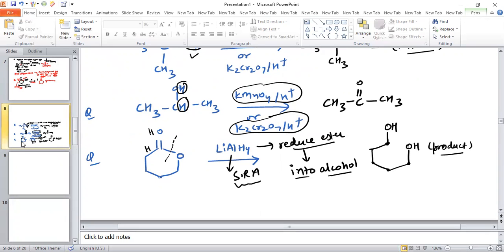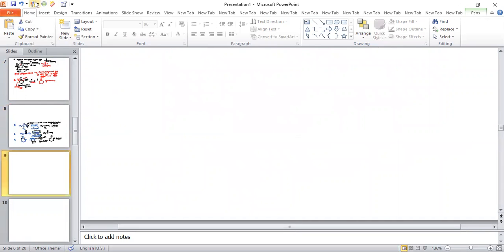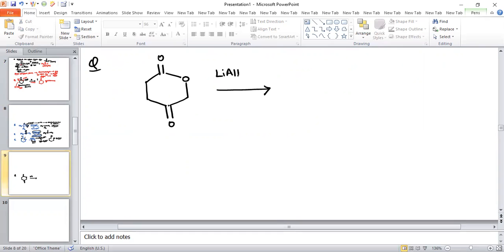Now see the next question based on this. The compound given is like this, with C double bond O. In the first step, we are using LiAlH4.